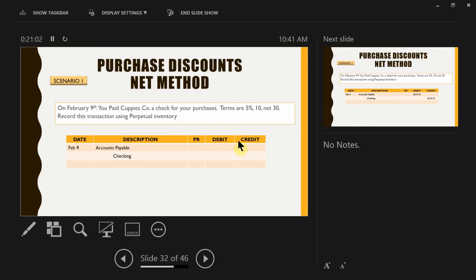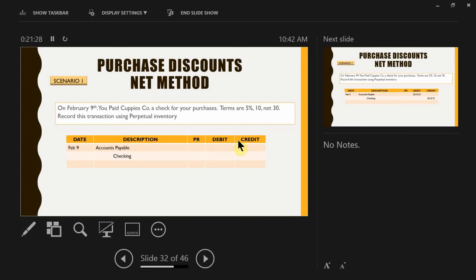So then scenario number 1 is, let's say it's now February 9th and you decided to pay Cuppies Co. with a check. And obviously with the terms, it's 5%, 10, net 30. So in this case, did I meet my discount period?